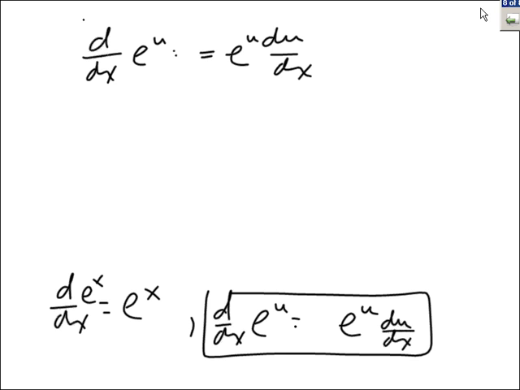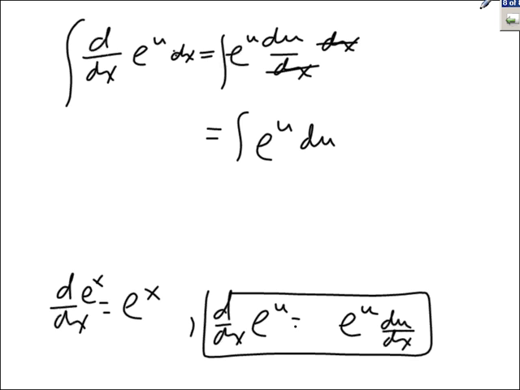Now, if I integrate both sides with respect to x, the dx's cancel, and the right side is the integral of e to the u du. On the left side, the dx's cancel. Now, the integral of d of anything is just that thing, and when you integrate, you get a constant.